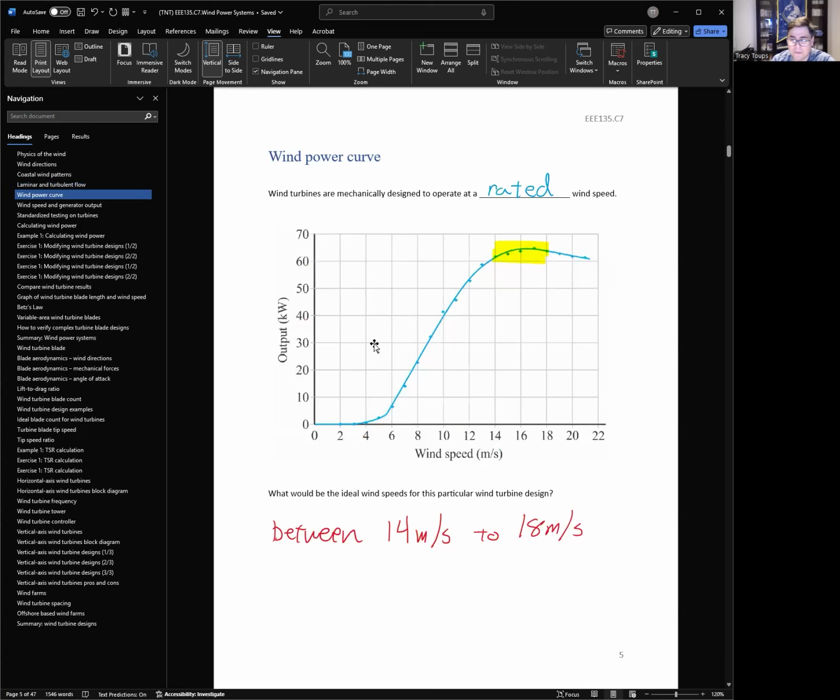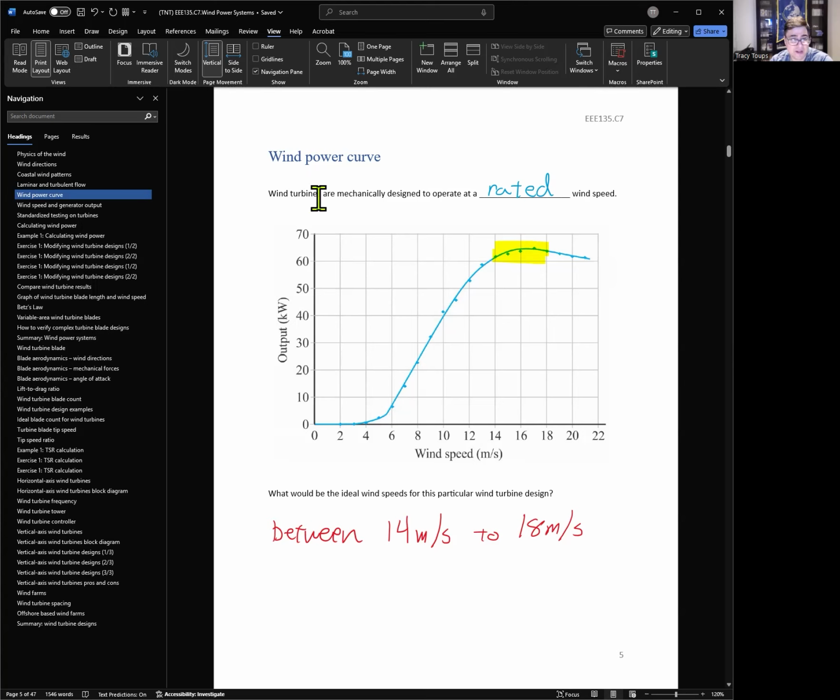Okay. Now, once we start talking about wind turbines, we need to start looking at different models out on the market. Every wind turbine will have something called a wind power curve. Depending on the way the turbine's built, the material used, the number of blades, the size, everything in the construction will have a unique maximum output.